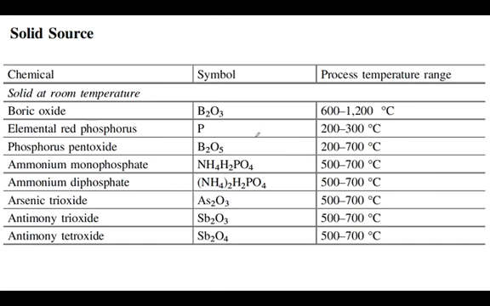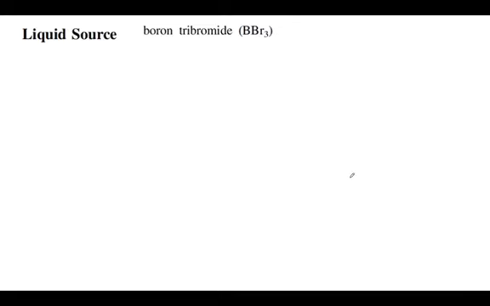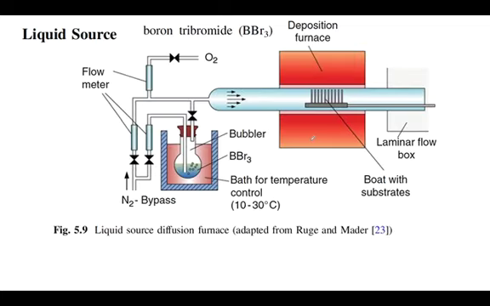Fine. So this is a list of some of the materials that are used for doping, like phosphorus and boron. These are all solid sources in different forms, and their respective sublimation temperatures are also given for reference. Now you can have a liquid source as well, like boron tribromide. You have a different arrangement in this case. This is the dopant that you need. You keep it inside a hot temperature bath and heat it.